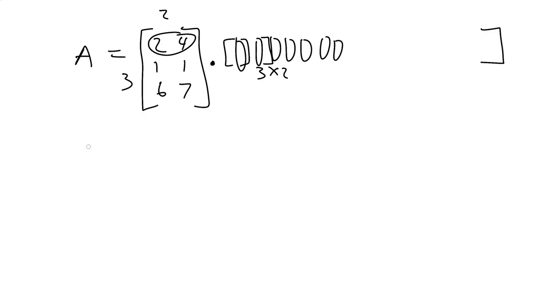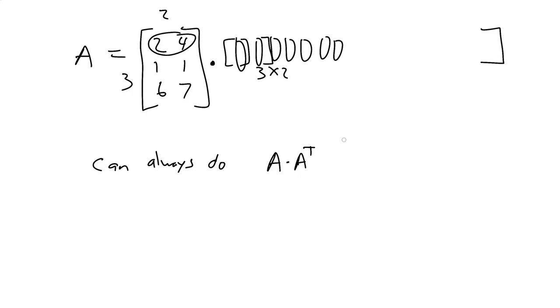Here's the interesting fact. You can't multiply A by everything because who knows how many rows the thing you're trying to multiply it has. But here's the thing: you can always do A dot A transpose.